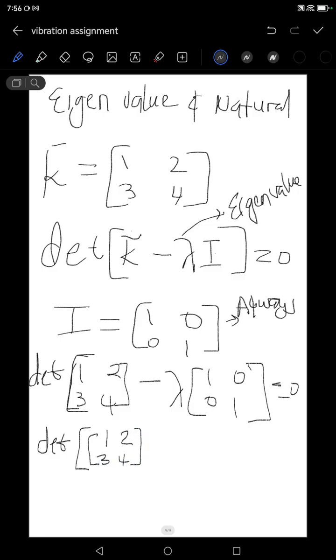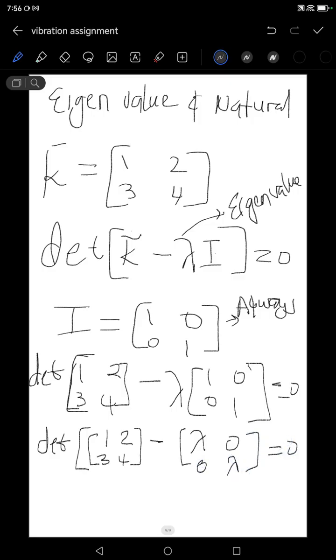Remember, here we're going to have the exact values that we get from the normalized stiffness, and then negative lambda multiplied by 1 is negative lambda. It's going to be lambda, and then lambda multiplied by 0 is 0, and then 0 multiplied by lambda is 0, and then 1 multiplied by lambda is lambda, like this.